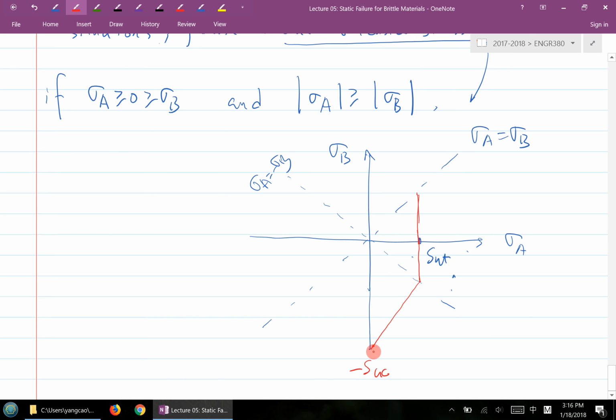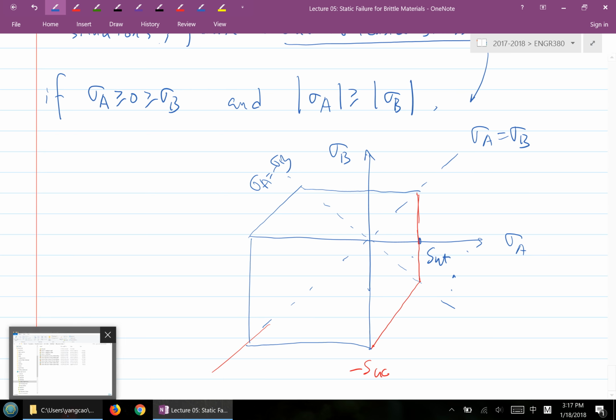The rest is the same. So that's overall what the MM theory looks like. It is slightly different in this quadrant compared to the BCM.